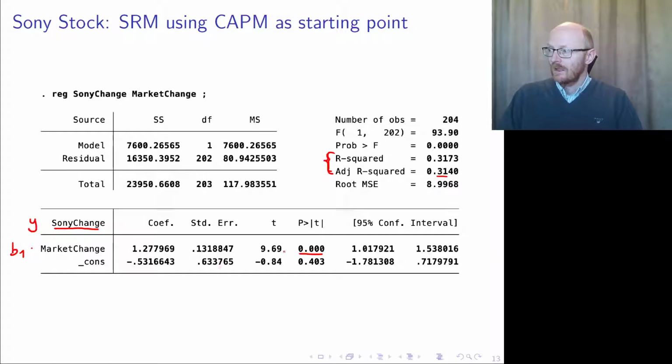Okay, and the constant B naught, this is the alpha, is negative 0.53, so it's negative 0.5 percentage points, but the t-value is low, so you can't say that it's different from zero.